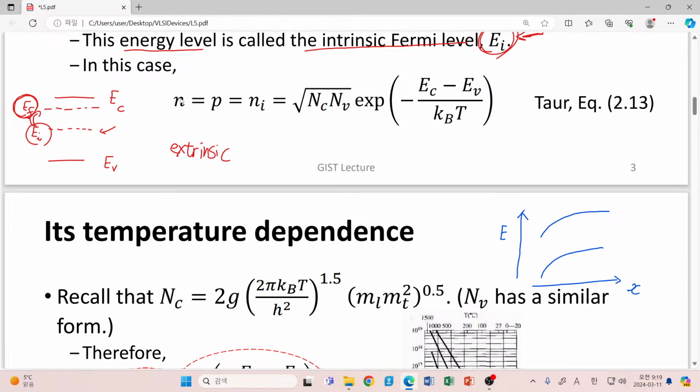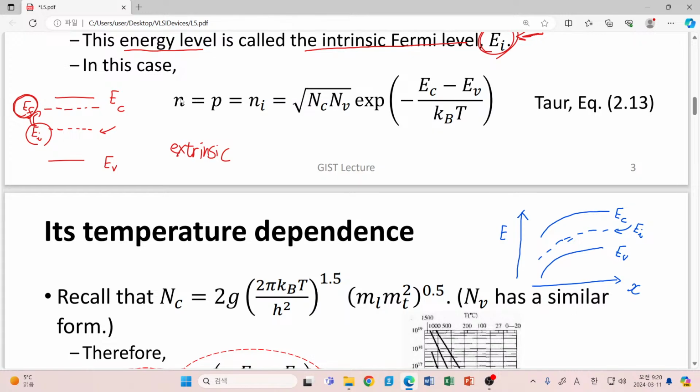Position dependent EC and EV is quite a common case, and which level is specified to show the position wise change of this energy level? Actually, instead of EC, instead of EV, usually what we take is this intrinsic Fermi level.